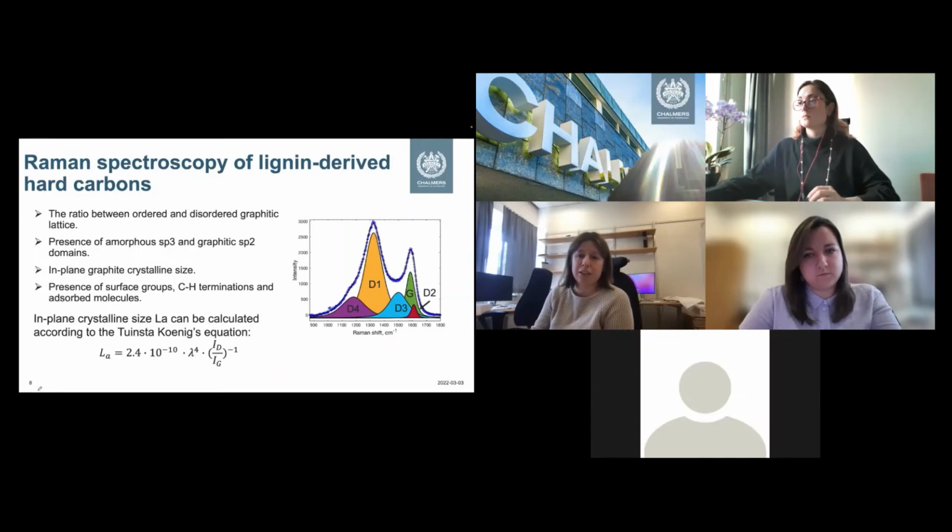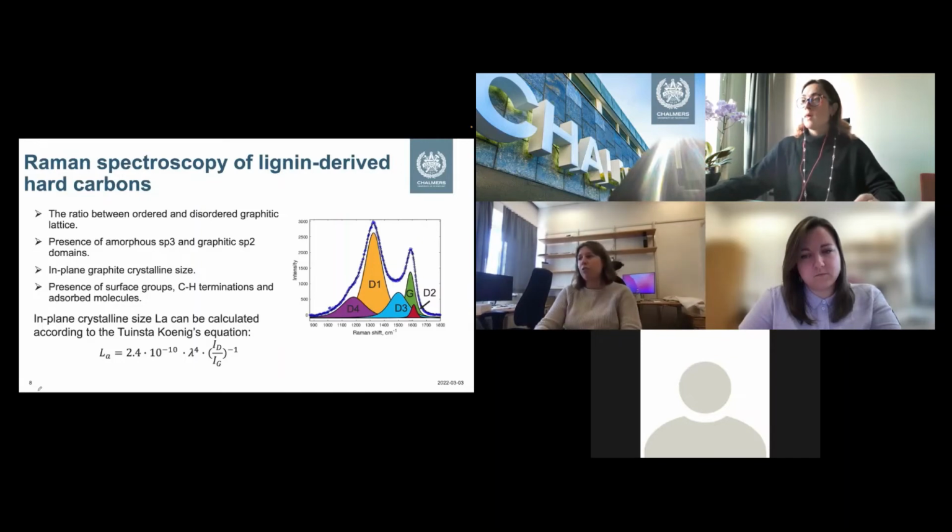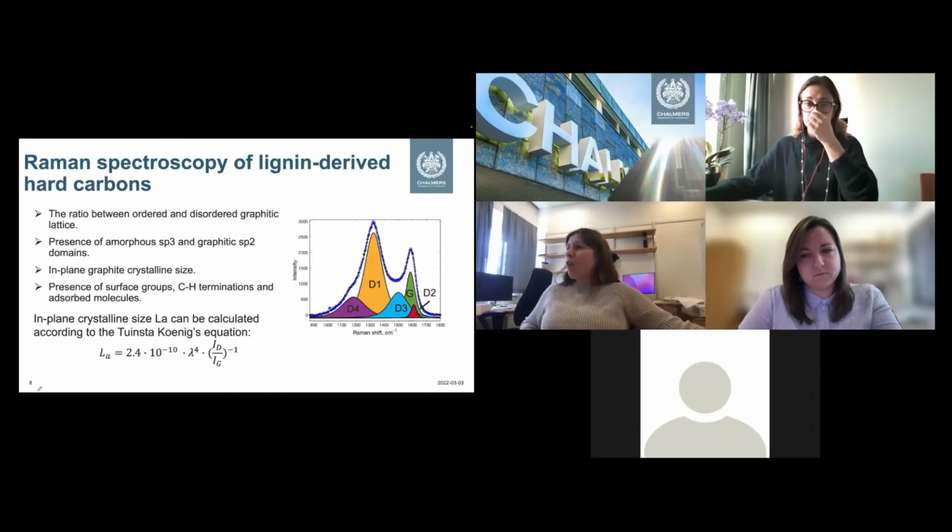This is one example of hard carbons derived by thermal treatment of lignin materials, characterized by two very visible peaks, but actually a good fitting of these carbonaceous materials is represented by 5 different peaks, 4 D bands and 1 G band. Each of them corresponds to a graphitic domain, amorphous carbon domains, and impurities. In this way, we can characterize these hard carbon materials.